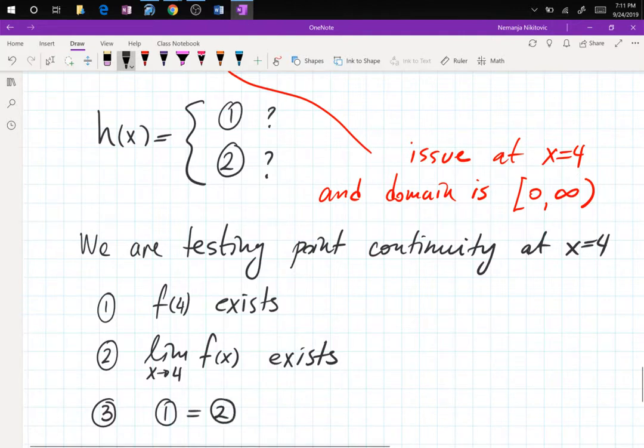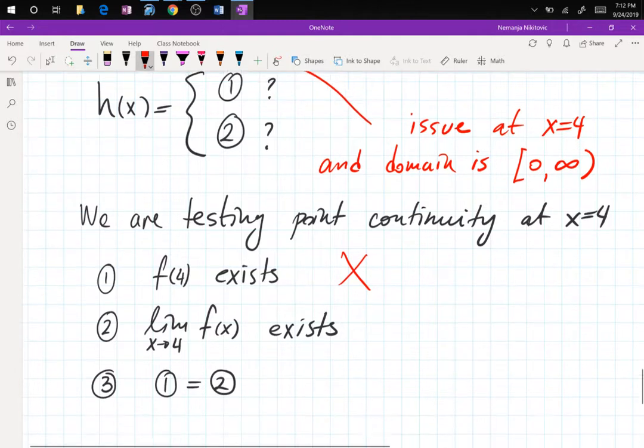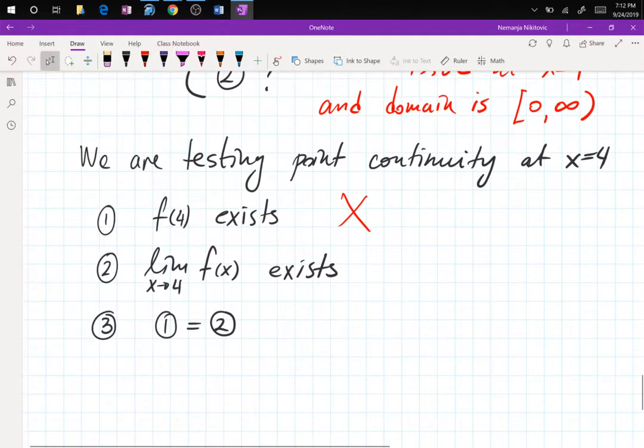So whatever number you get in the first has to equal the other one. Great, so let's check these. What's f of 4? Failed. Right? Not continuous at 4, therefore not continuous as a function. So it's not continuous.